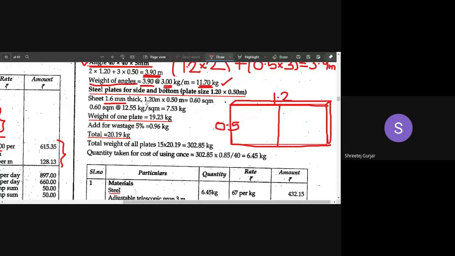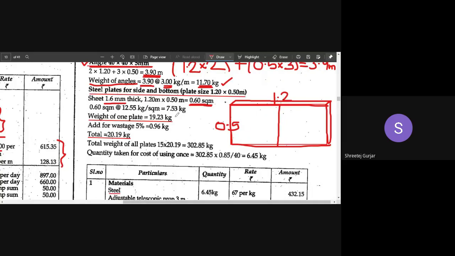Now 1.2 into 0.5. What is the square meter? 0.6, right? If you do this particular panel, the area of one panel is 0.6 square meters.